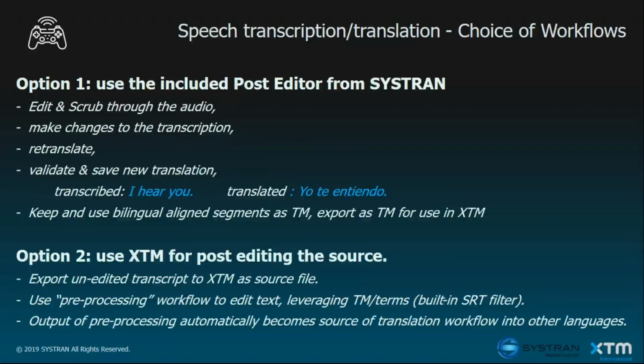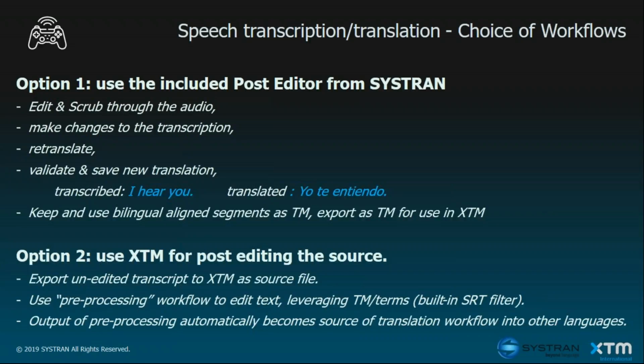And of course, at this point, there is perhaps a choice to be made, right? Do you want that transcription to be processed, enhanced, reviewed, improved, and then translated at that point? You can do that directly inside of the post editor in SYSTRAN.